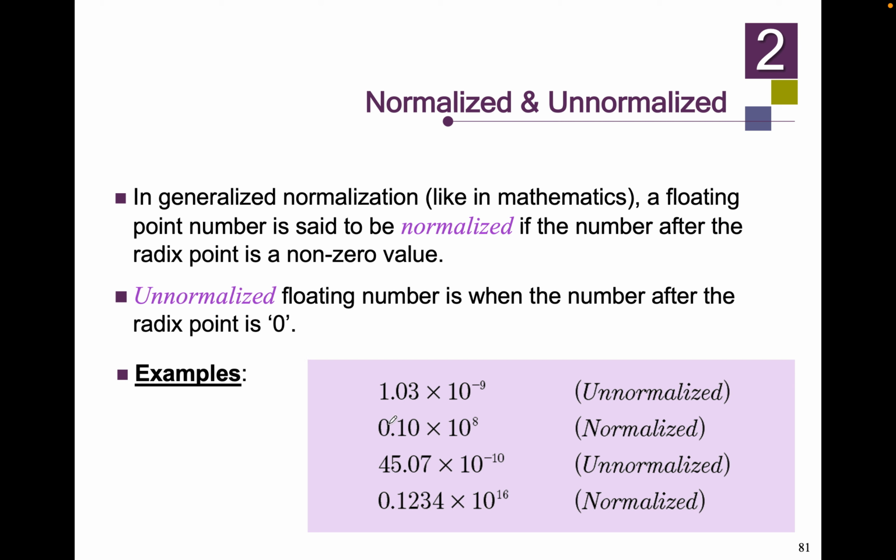Okay, last time you can see for your normalized, you have 0 in front. After your radix point will be non-zero. Unnormalized, you have 1 in front. After that is 0. You can have any numbers in front for unnormalized, but as long as after the radix point it is 0, it's called unnormalized.